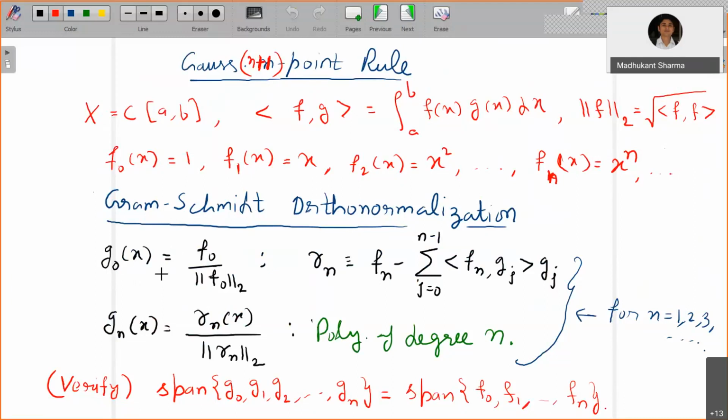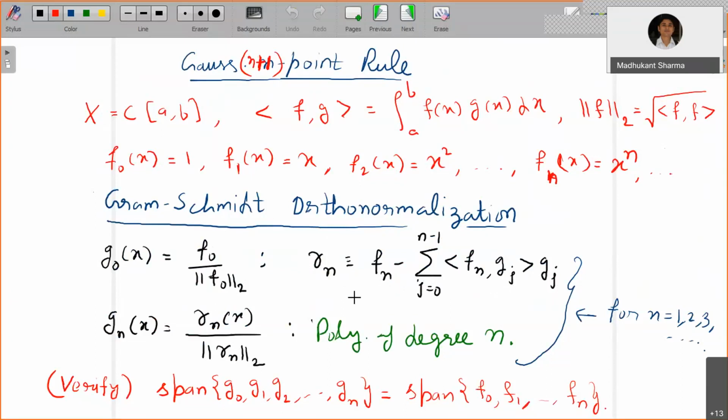G0 of x is nothing but f0 divided by its 2-norm. You can recall the Gram-Schmidt orthonormalization: Rn is defined by Fn minus the components of Fn in the direction of G0, G1, G2 and so on till Gn minus 1. We remove the component in the direction of them, and then this Rn is a polynomial of degree n.